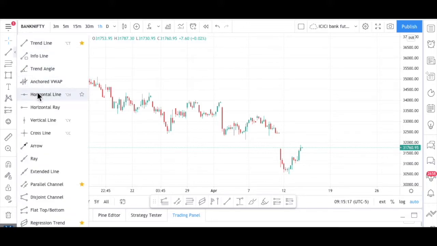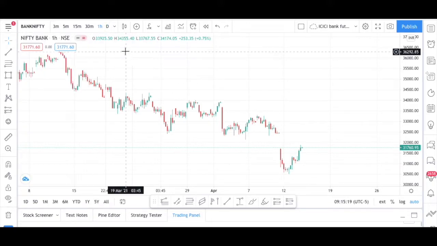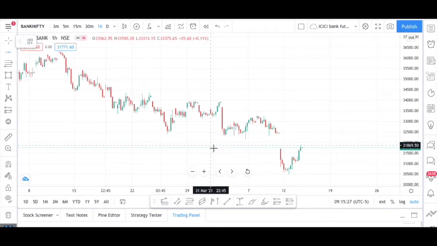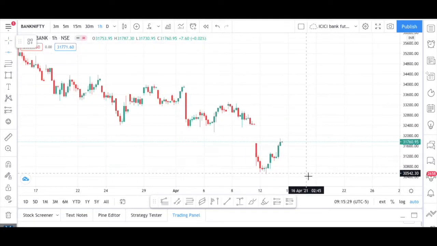So what I have opened here is the hourly chart for Bank Nifty, and let me choose this trend line, horizontal line. So the immediate support for Bank Nifty is yesterday's low, which is at 30,504.